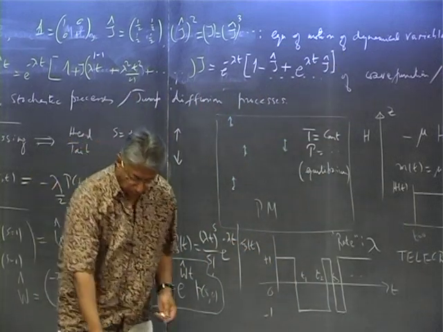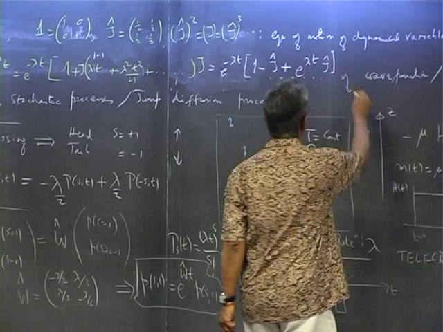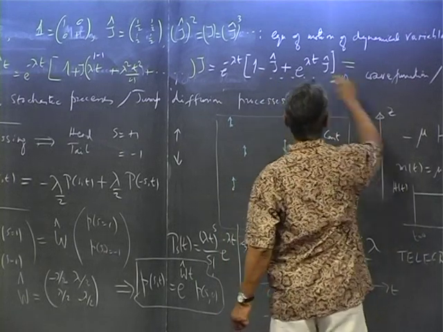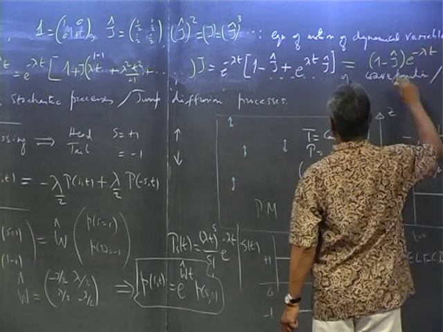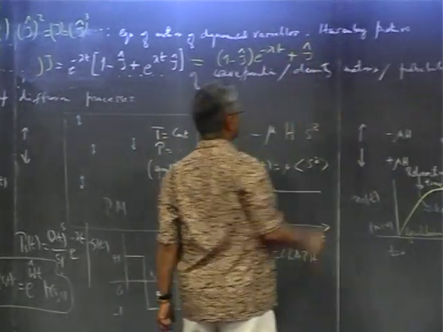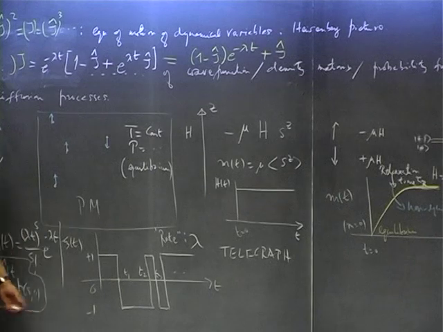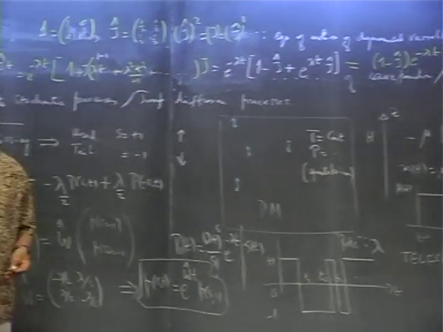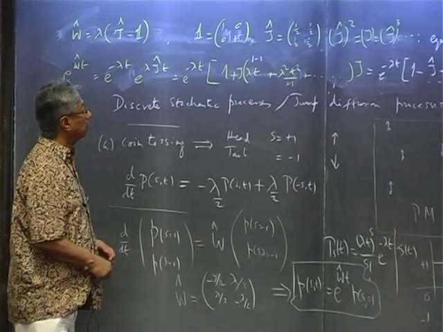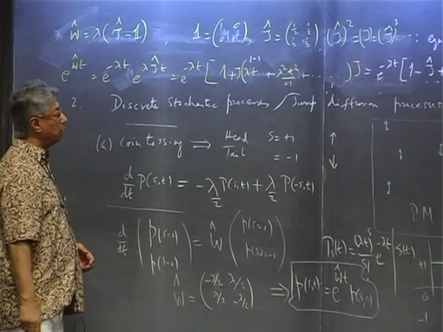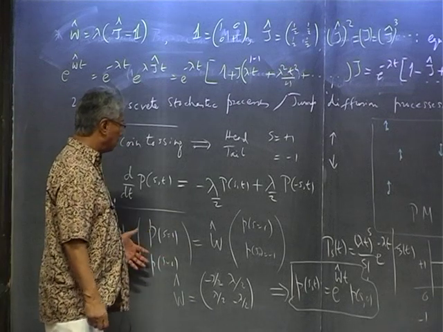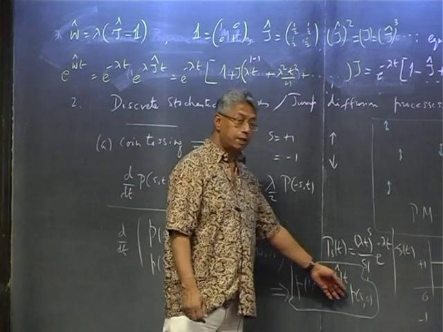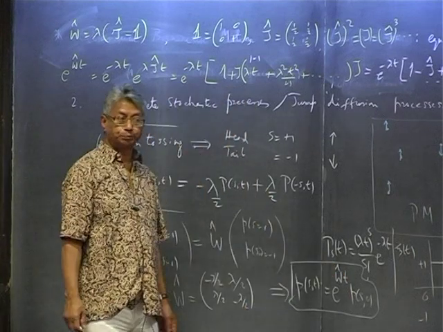Okay? So therefore, I can push this e to the minus lambda t inside. I have 1 minus T e to the minus lambda t plus T itself. So I've exponentiated this matrix and I've brought down the only off-diagonal operator that you have in this case downstairs, so that I can easily manipulate and write down what the solution is, right?